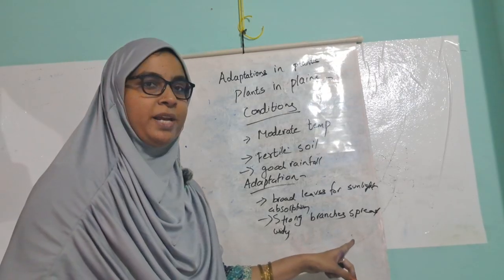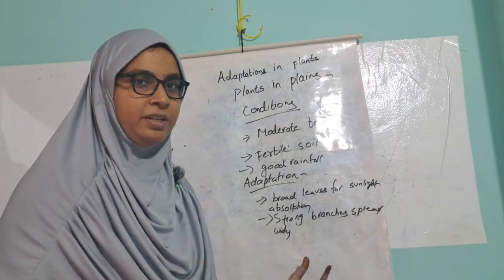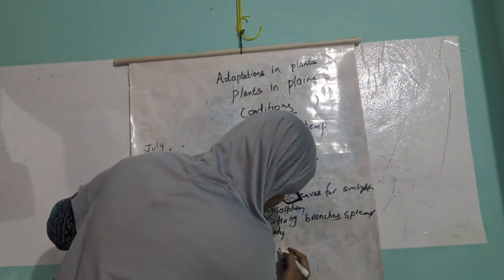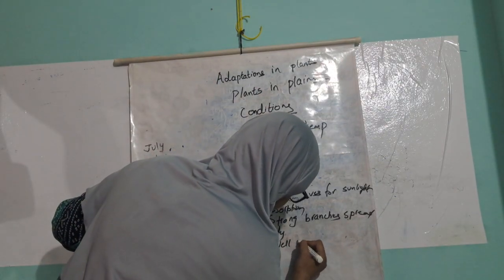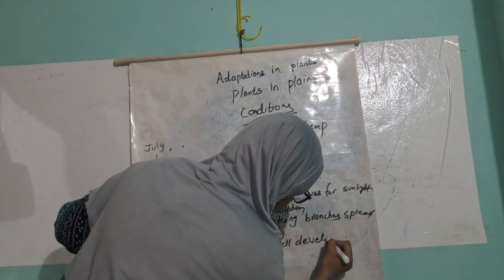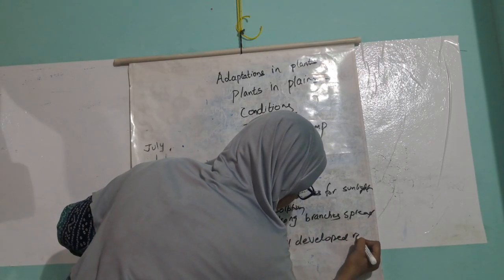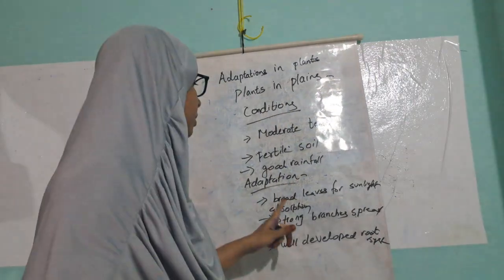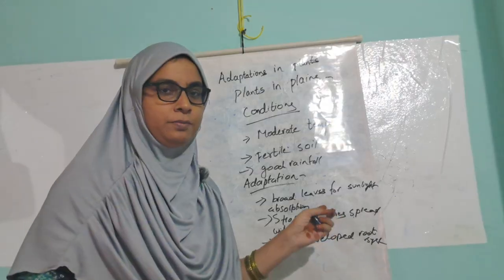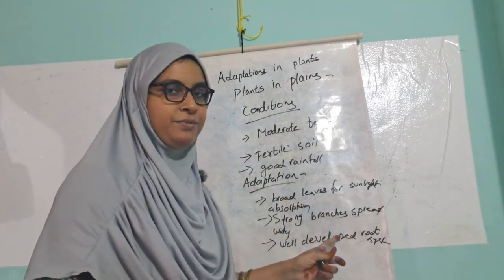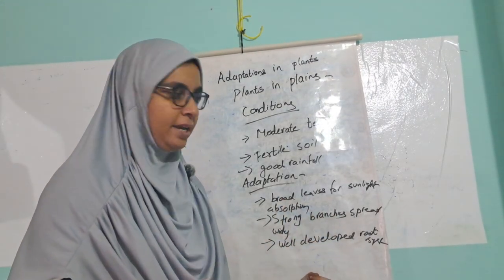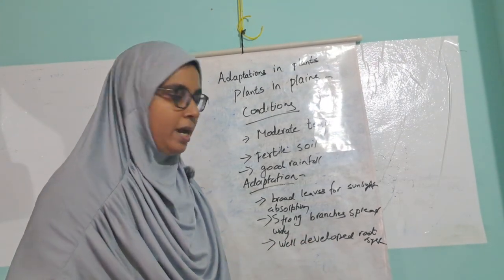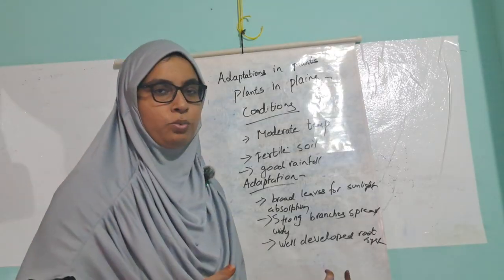They have strong branches that spread widely and a well developed root system. So, what are the adaptations? They have broad leaves for absorption of sunlight. They have strong branches that spread widely and they have a well developed root system.